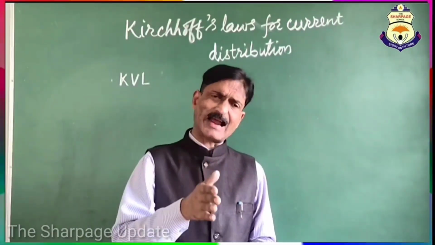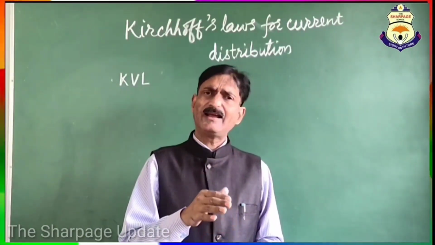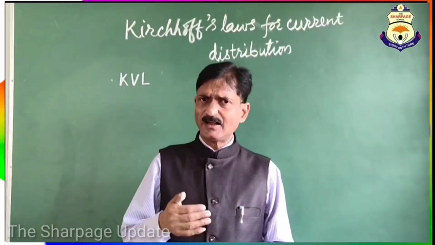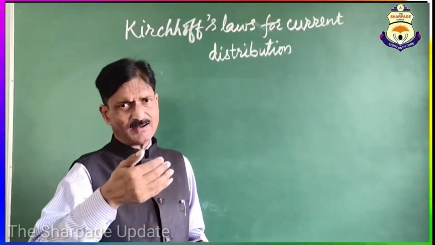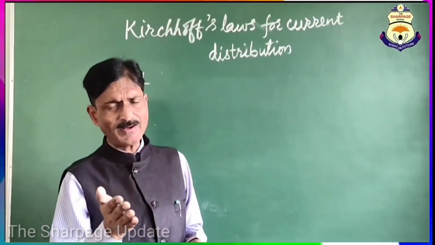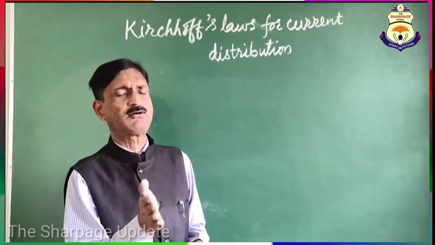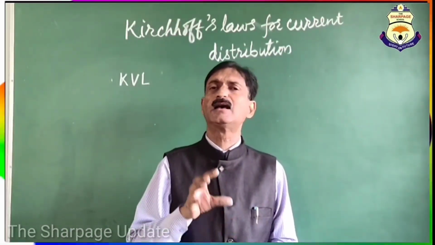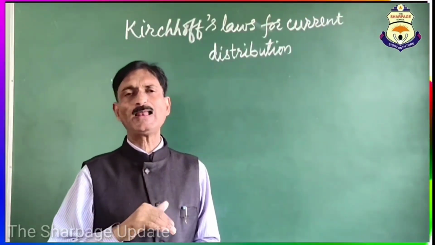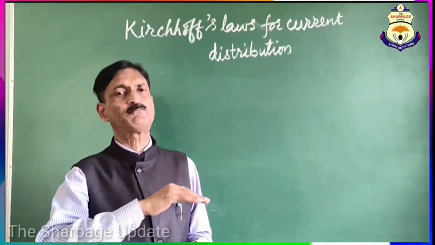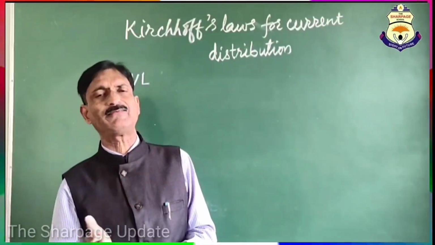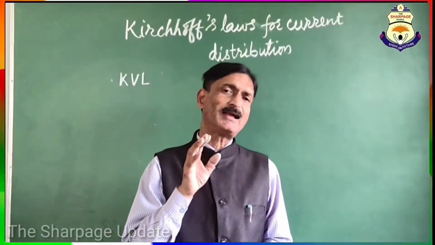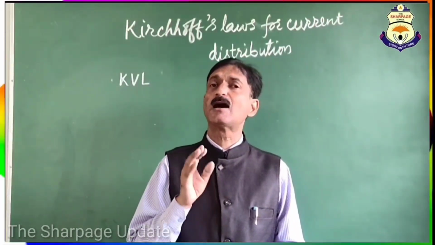Inside a cell, in an electrolyte, when the current flows from the negative electrode to the positive electrode, the EMF is taken as negative. And when the current is from the positive electrode to the negative electrode, the EMF is taken as positive.